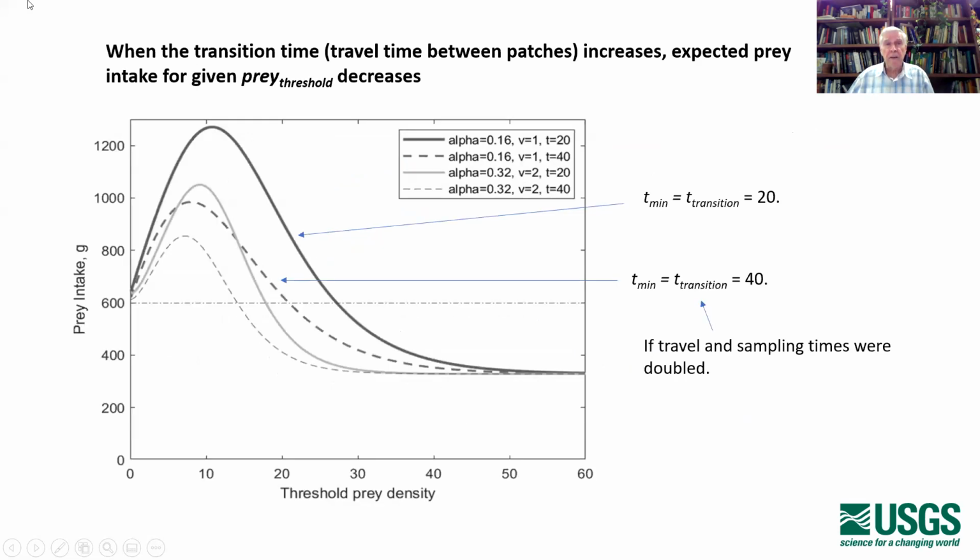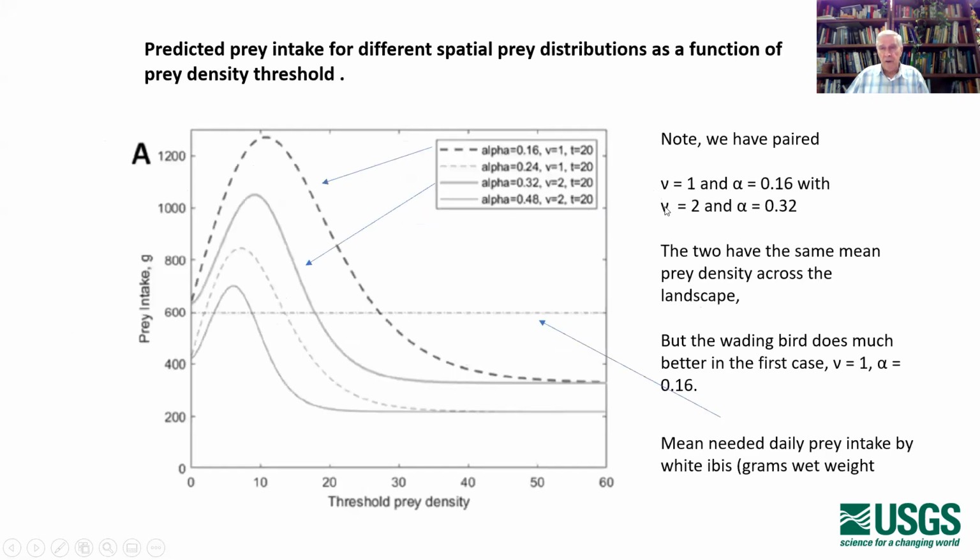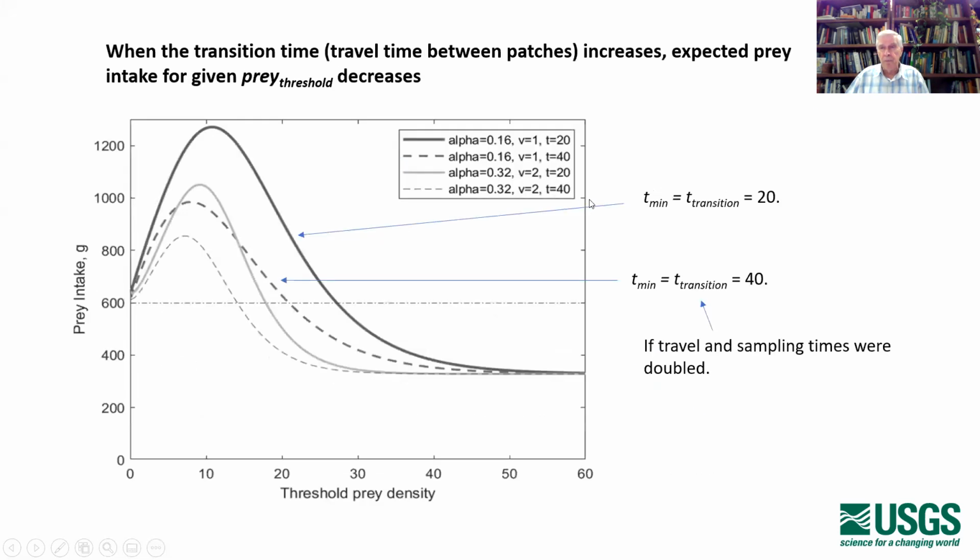We can also look at the effect of both travel time between patches and the time required for sampling. In the curves that I showed, we're assuming that both of those times take 20 minutes. It takes 20 minutes to sample a patch, and 20 minutes to move between one patch and another.